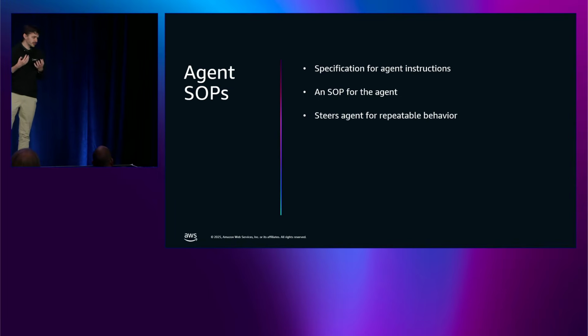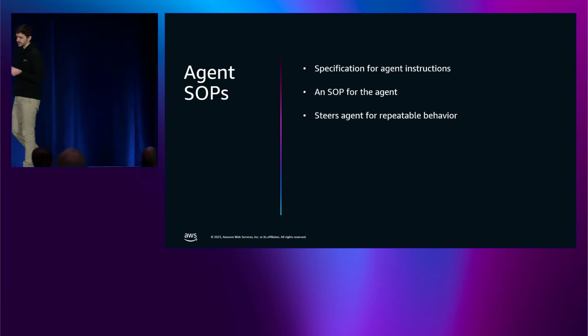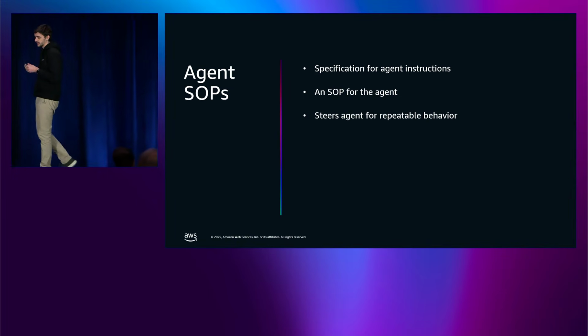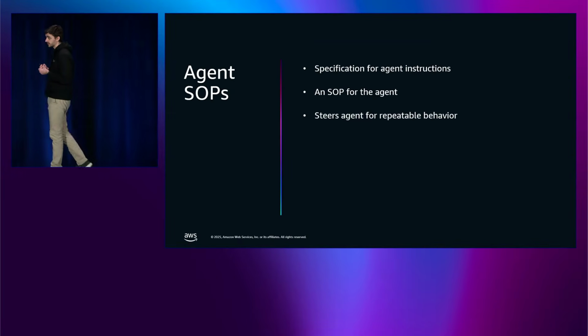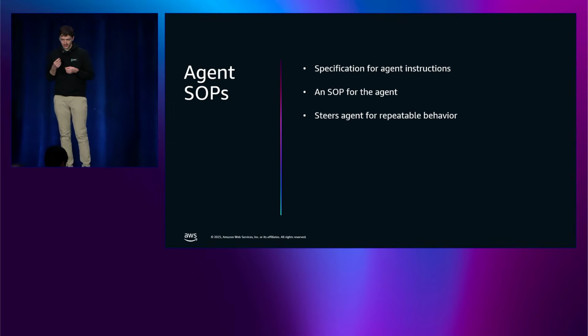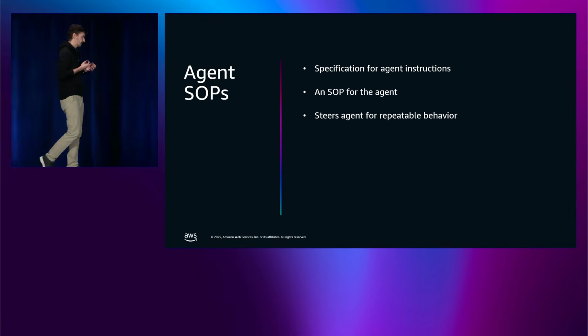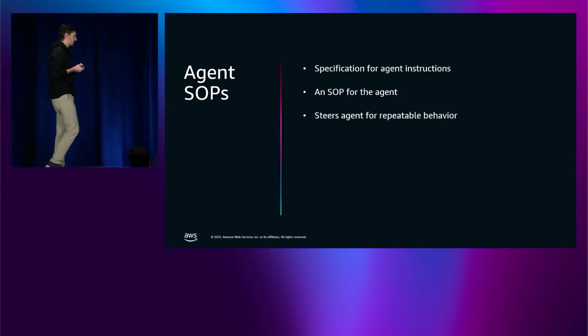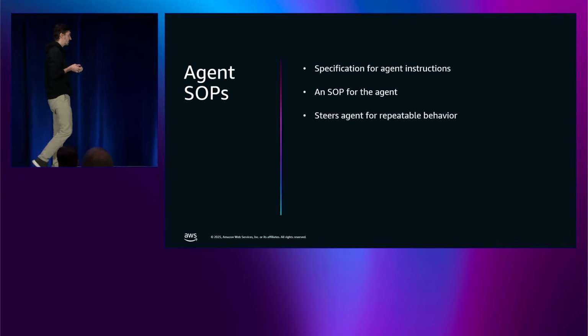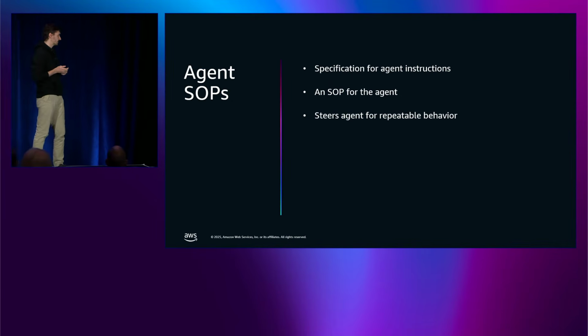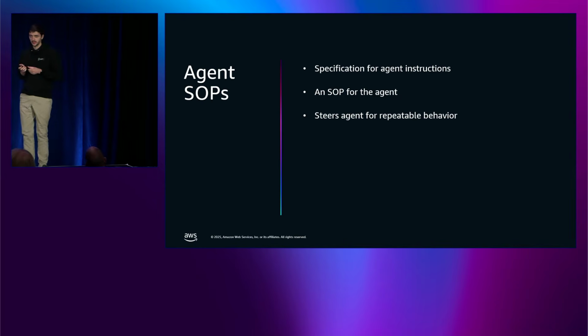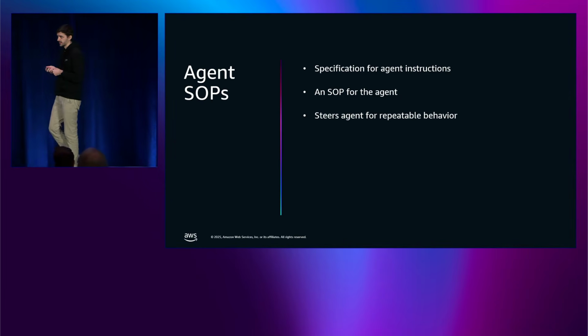SOPs were initially thought up by one of our principal engineers, James Hood, who was similarly frustrated with these early AI-generated coding tools. He would spend a lot of time trying to get good code written out of them and spend a lot of time debugging and trying to get good results. And out of that frustration, he came up with this idea of agent SOPs, and he shared it with the internal Amazon builder community.